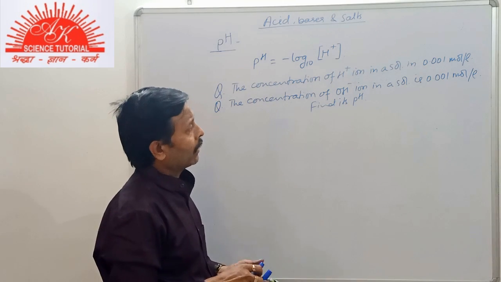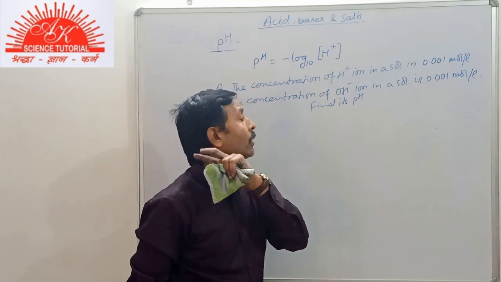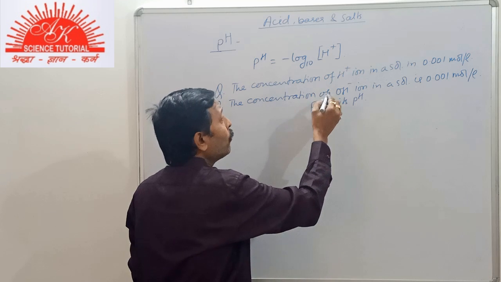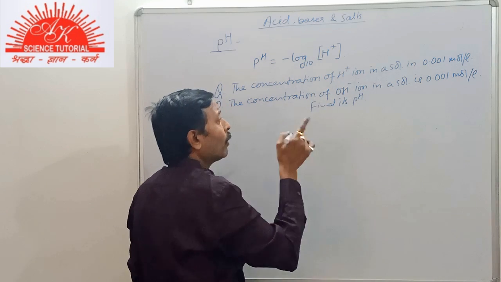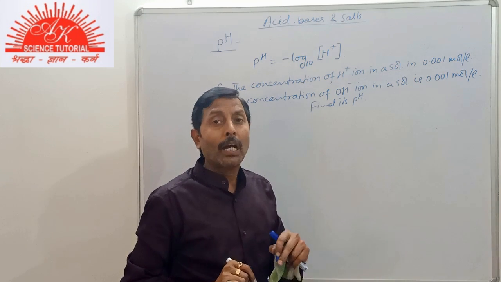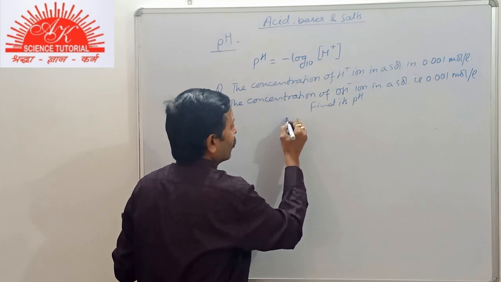Now students, you see, in this part the concentration of hydroxyl ion is given, not the H plus ion. In that case, you must find out the concentration of H plus ion and then you will find the pH. So how is it calculated? So go through the ionic product of water.